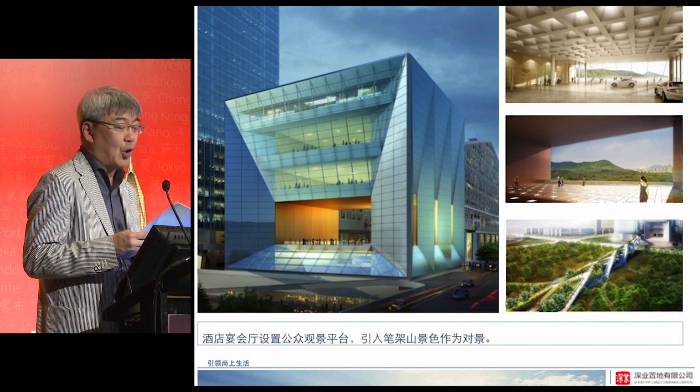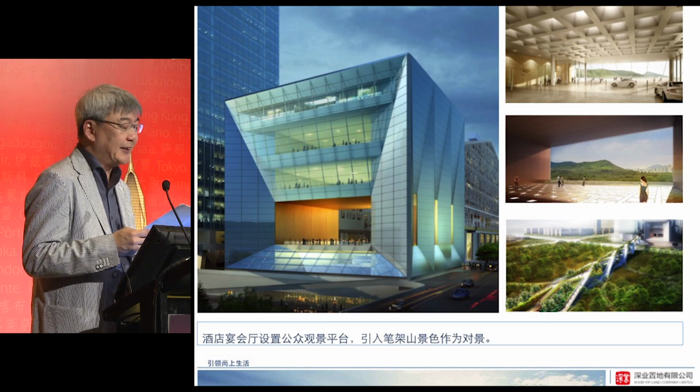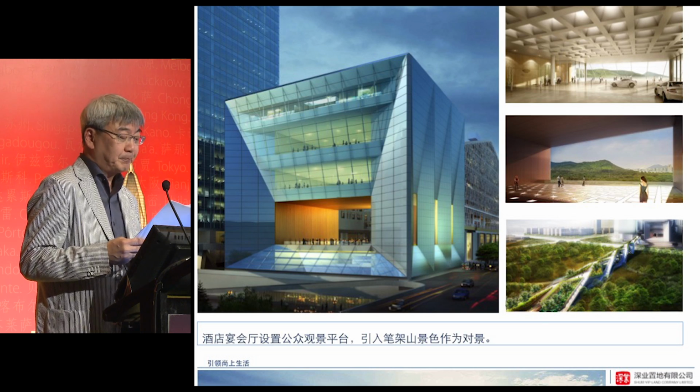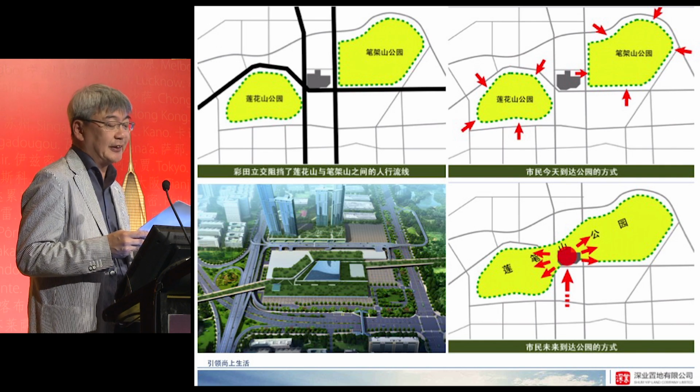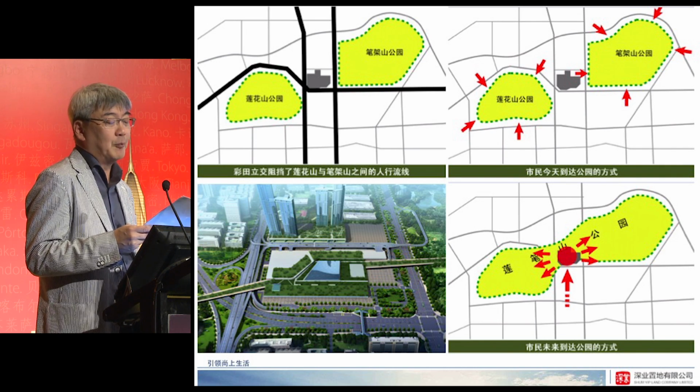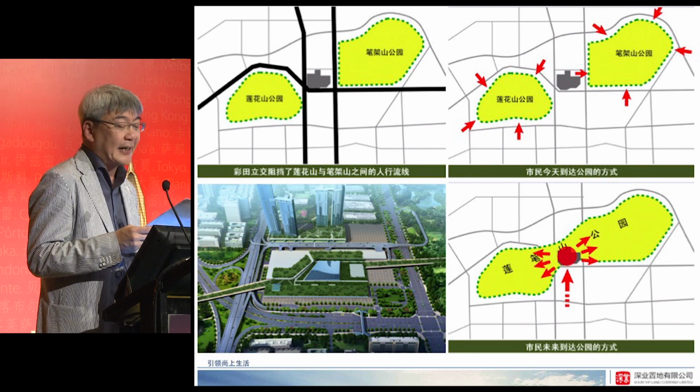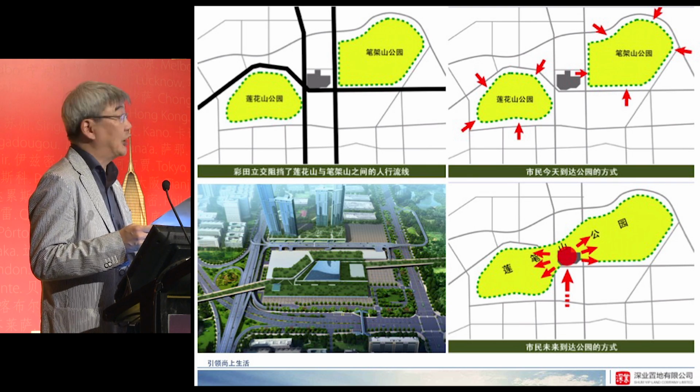So the building is designed like a frame of a painting. This is a very traditional Chinese method to incorporate landscape into buildings. And this alleviates the effect of a very large massing.